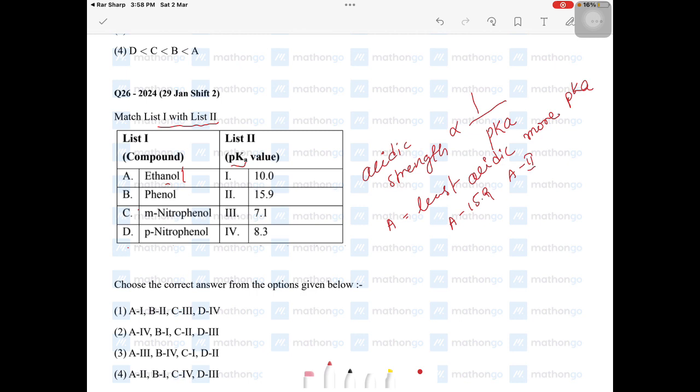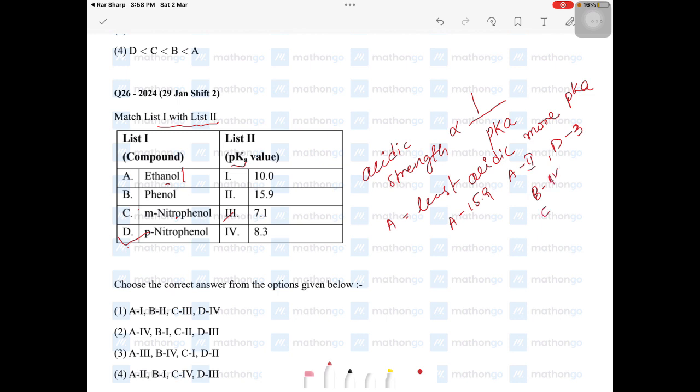Then para-nitrophenol is more acidic, D with least pKa value, that is 3, D3. Next, metanitrophenol C with 8.3, that is 4, C4.